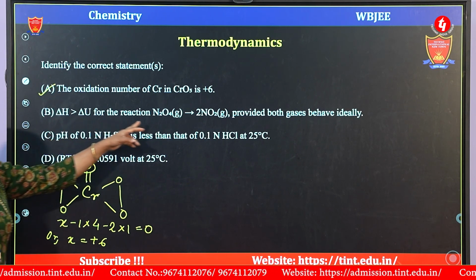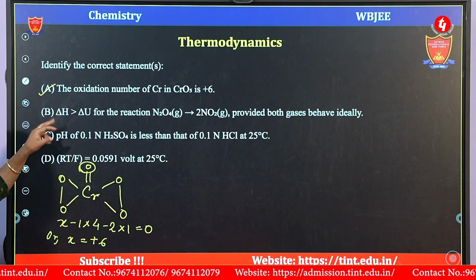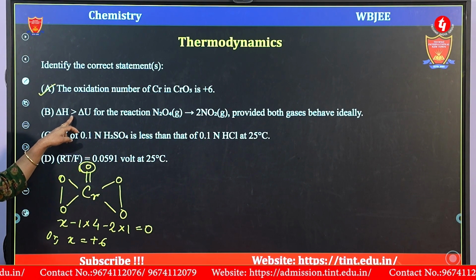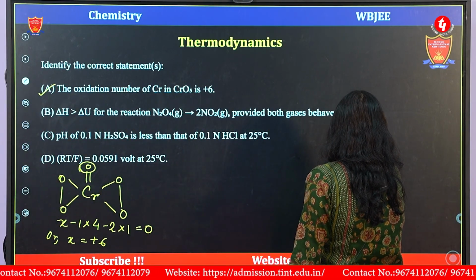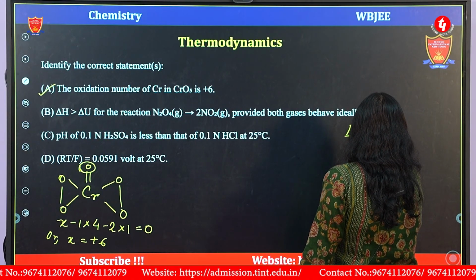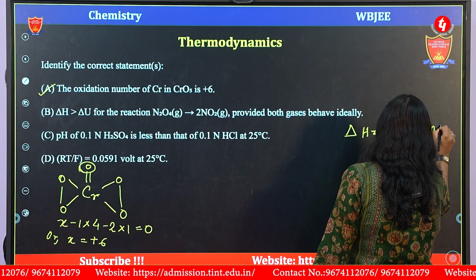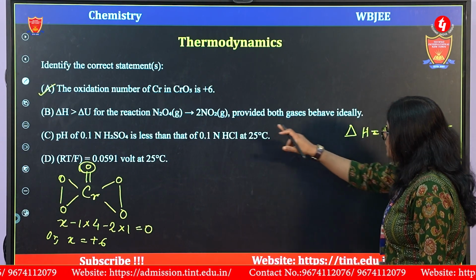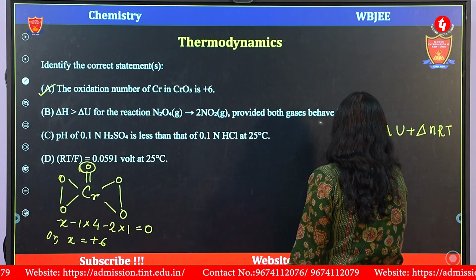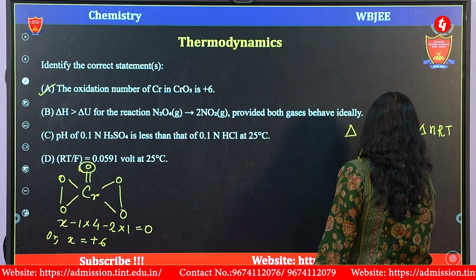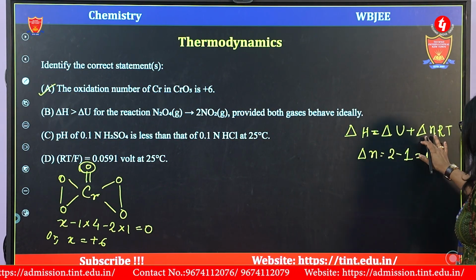Next statement, for this equation, this is from thermodynamics: delta H greater than delta U. We know that delta H is equal to delta U plus delta n RT. Delta n for this process you can see is 2 minus 1, that is 1.